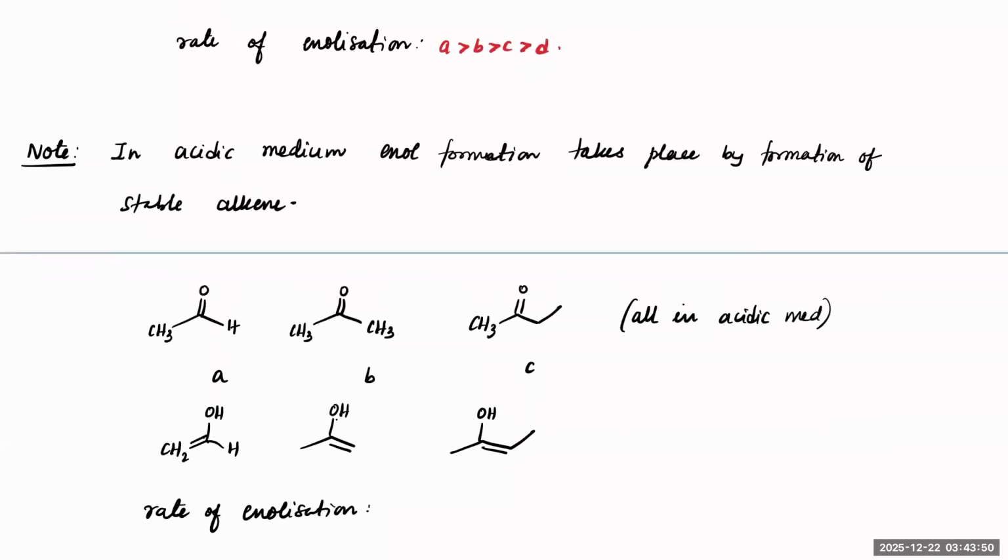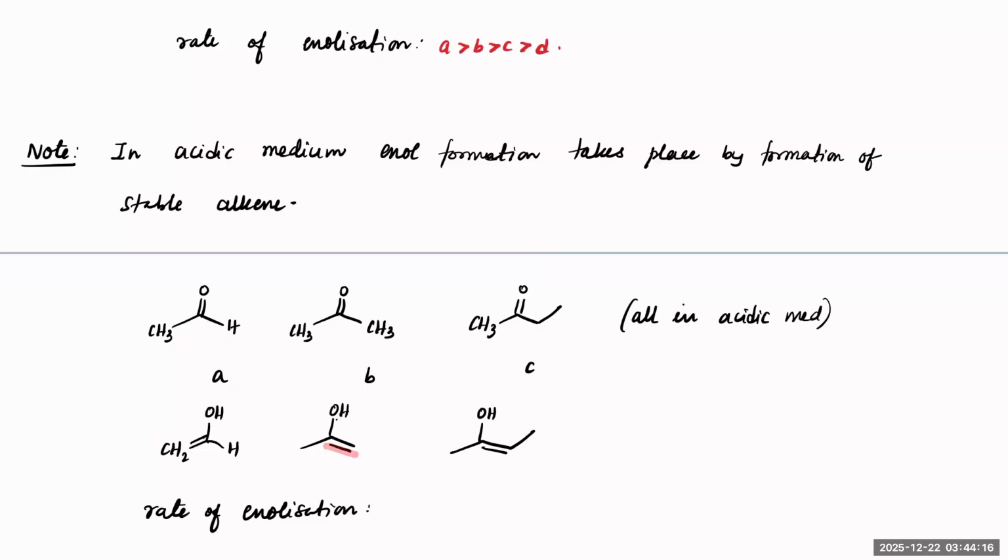Now, if the question is asked about the enolizability, correct? Percentage enol or rate of enol. In acidic medium specifically, it depends upon the stable alkene that it is forming. That enol formation stability is more important. You can see if you get a double bond here, there are no alpha hydrogens.